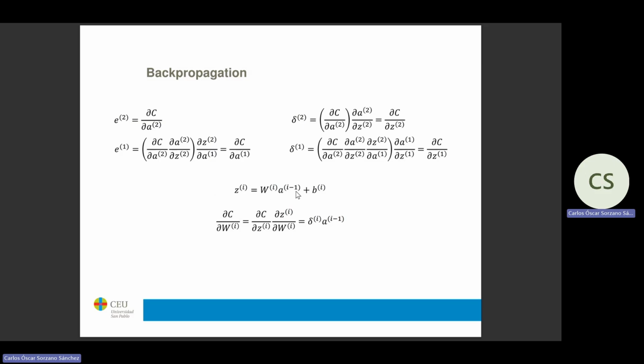Now let's look at how the activation transfers into the combination of the next one. So it is through the weights and the biases.